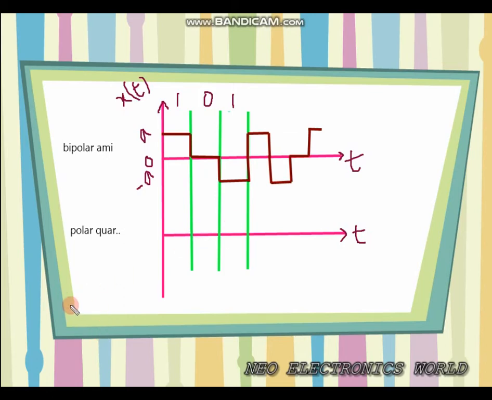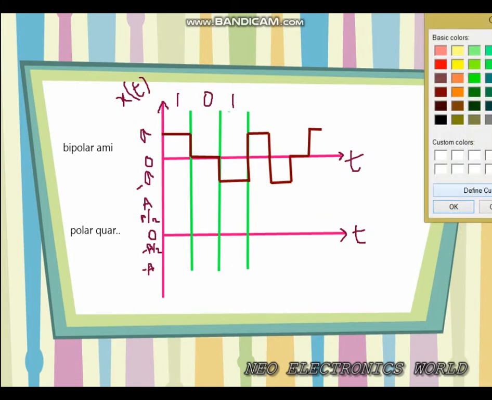But in the case of polar quaternary, there will be 4 levels, that is A, A by 2, minus of A by 2 and minus of A. These all are the 4 levels of polar quaternary.